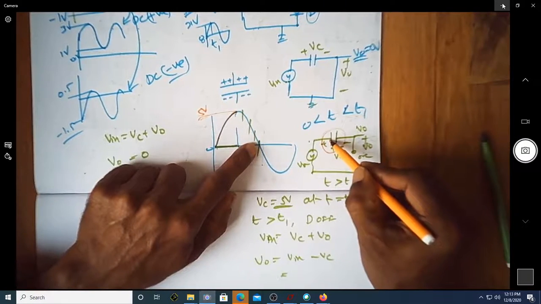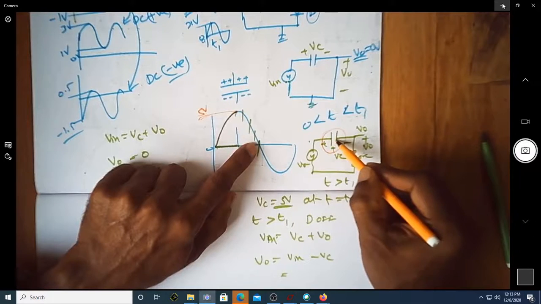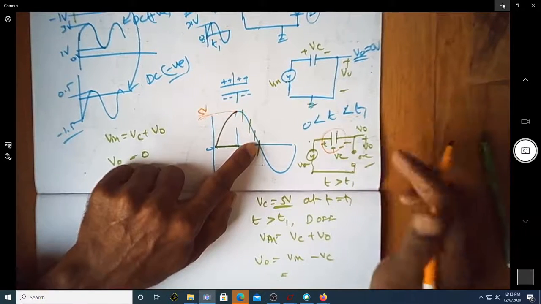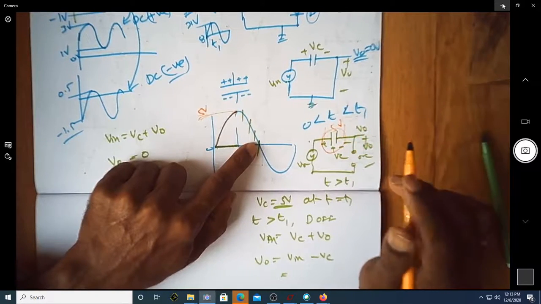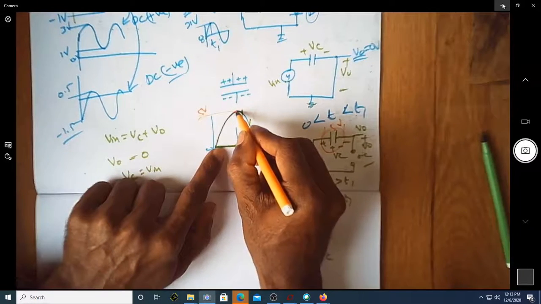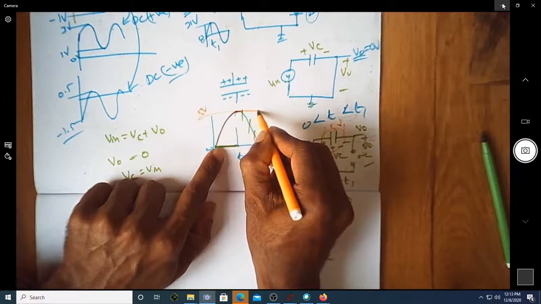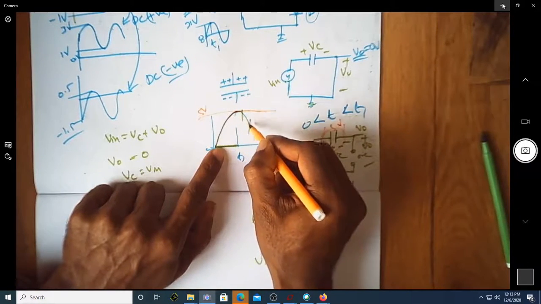Even though we said a capacitor has to discharge, unless this is connected to ground, it won't discharge. So the capacitor voltage which was charged to 5 volt will remain at 5 volts when the input voltage starts reducing. It is not coming down along with it.